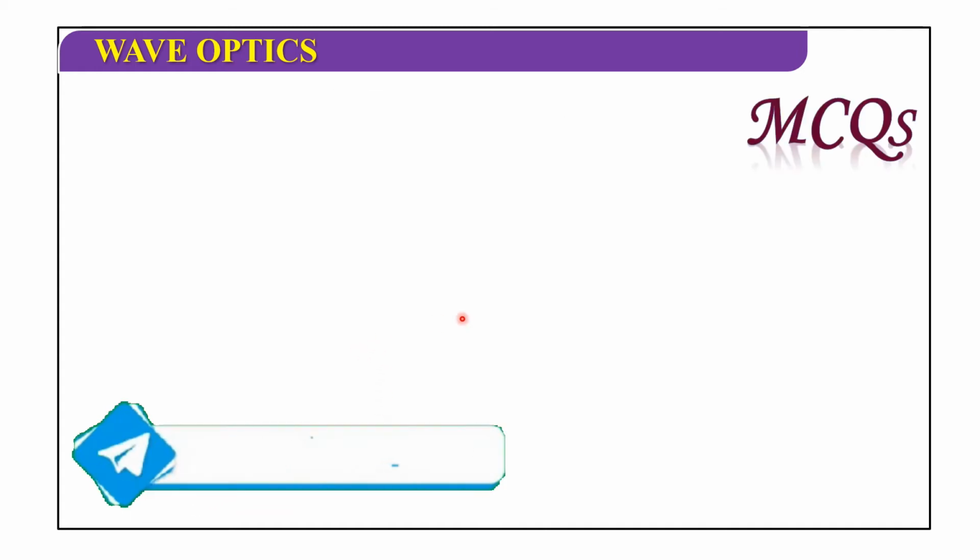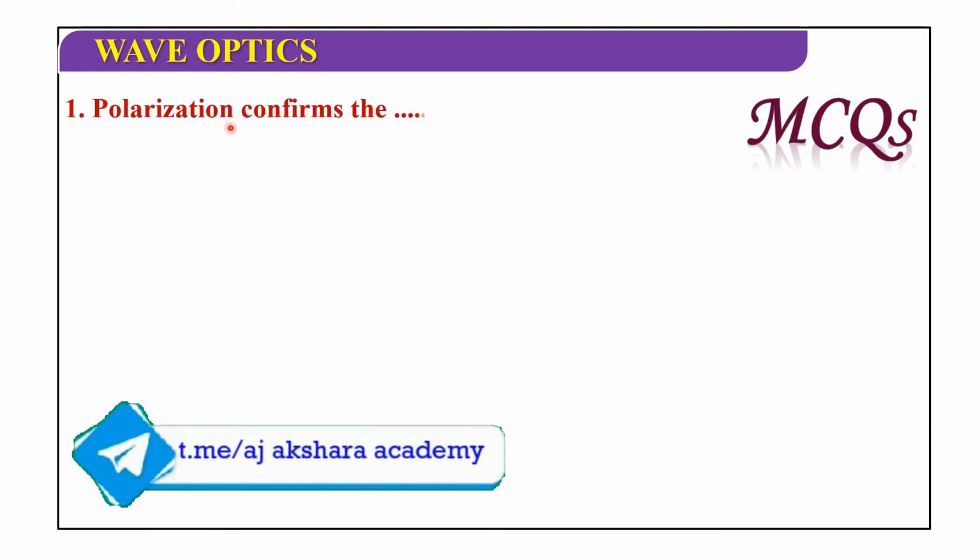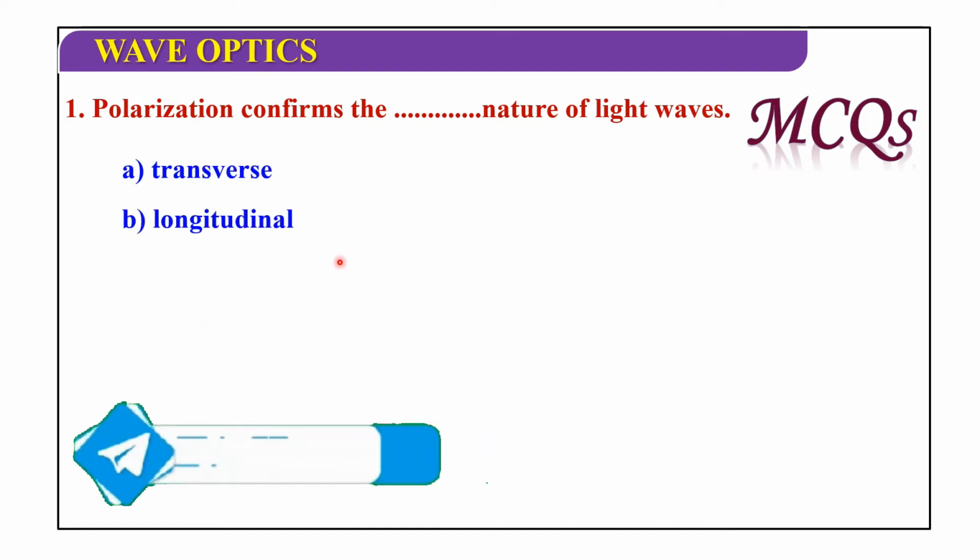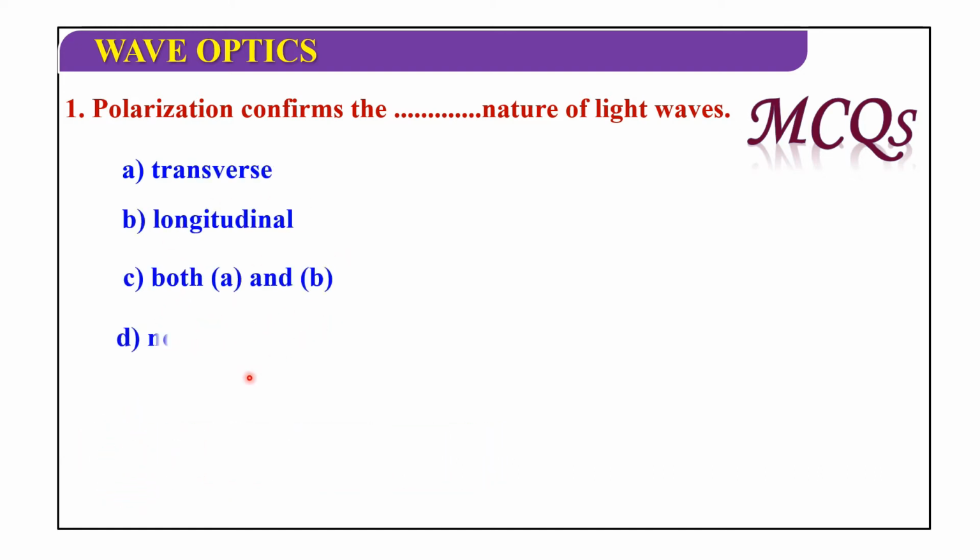Now, let us discuss MCQs. Polarization confirms the dash nature of the light waves: transverse nature, longitudinal, both A and B, none of the above. So, polarization confirms the transverse nature of the light waves. First option is correct.